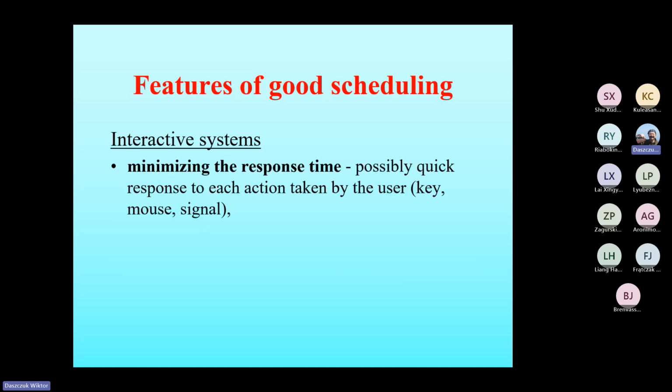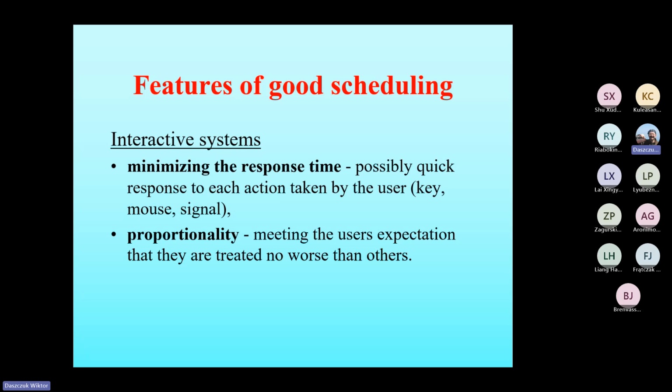For interactive systems, of course, it's response time. Because an interactive system is a system in which the computer answers the prompts of users. So we should minimize it. We can treat some background processes badly, but shorten the time of reaction to user actions.